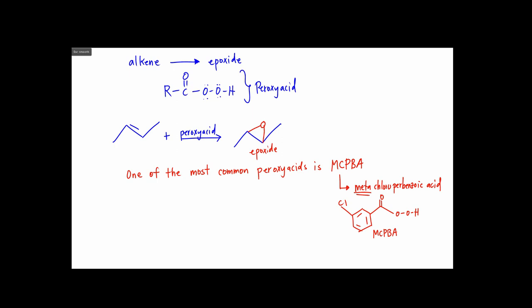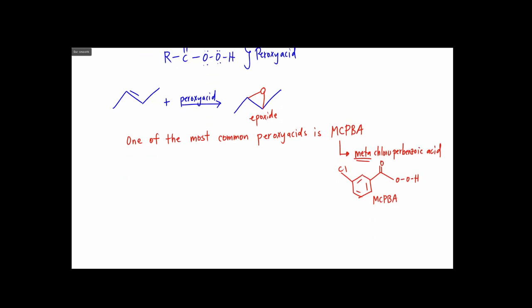Okay. So if I do this reaction, let's start with something simple like cyclohexene and, all right, MCPBA. Okay. So you need to draw everything but the double bond.